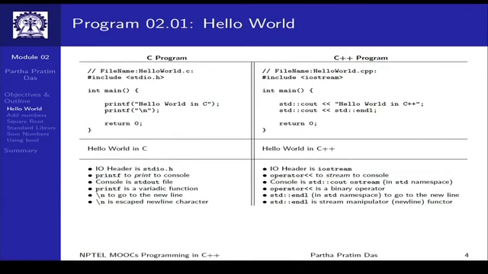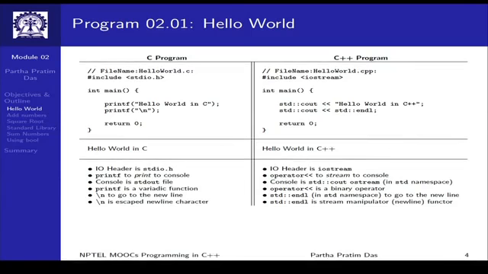Of course, we do not have a format here, it is a constant string being printed. In contrast, in C++, the output streaming operator is a binary operator which has the stream on the left hand side and the content to print on the right hand side, and it prints in this form.